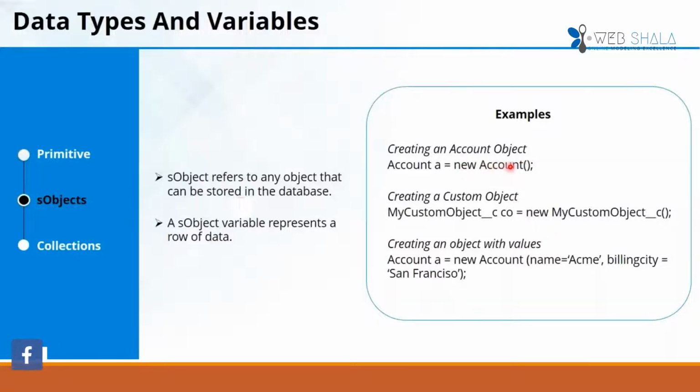It means the memory is getting allocated with all the fields, whatever fields are there for account, and their values. And a is the reference variable, or you can say the name of that memory is a. The instance name is a.